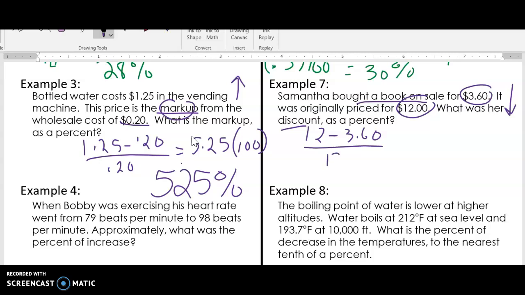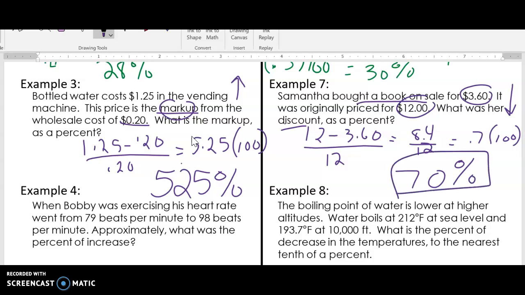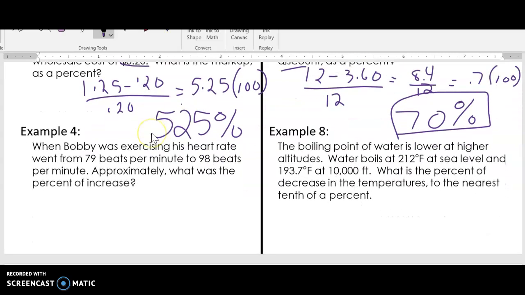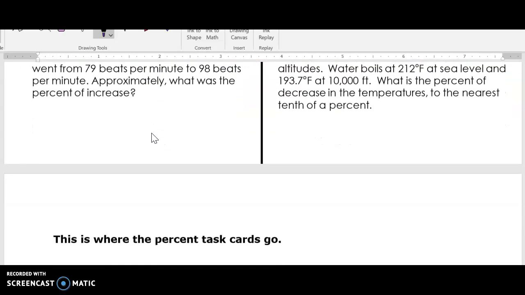And so that's 12. And that's 8.4 divided by 12, which is 0.7. Don't forget we need it as a percentage, so multiply it by 100. Ooh, she got 70% off. That is a good shopping deal. I love getting 70% off.